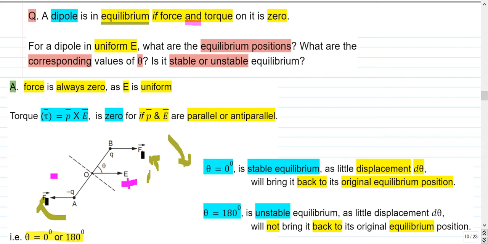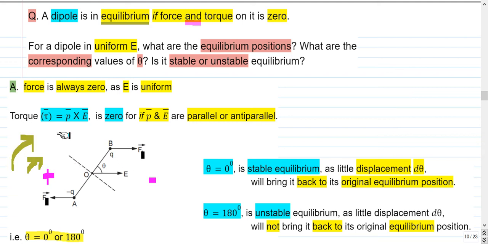But at 180 degrees, the positive charge will be here, plus q, and minus q will be here. So at this position, if I try to displace it a little bit in the clockwise direction, the torque acting on the dipole is in the clockwise direction.